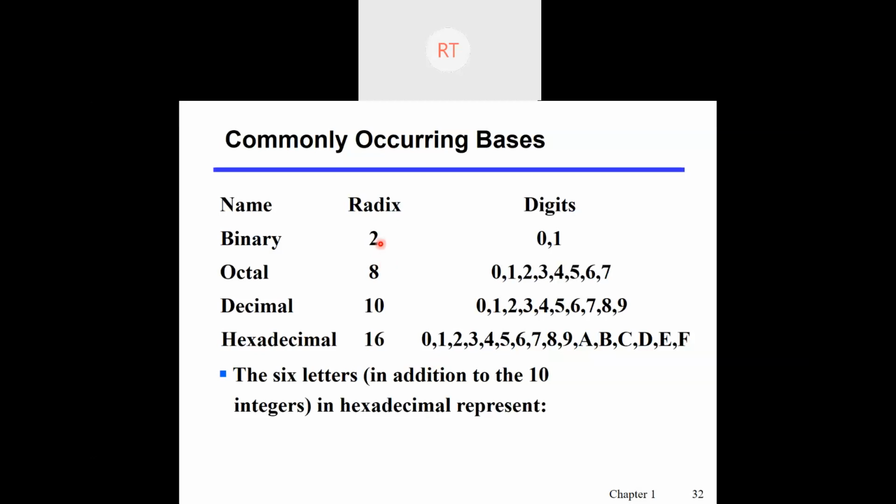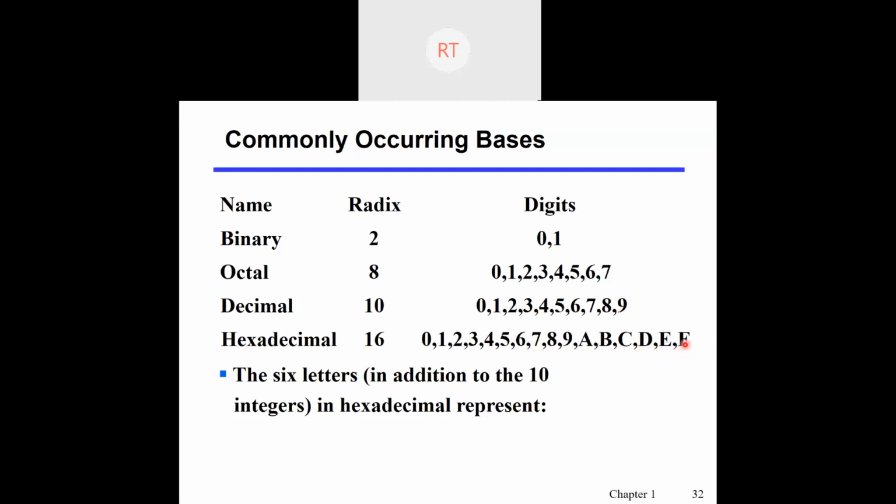In binary, the digits you can use are 0 and 1. In octal, the digits are from 0 till 7. In decimal, base 10, from 0 to 9. And in hexadecimal, from 0 to 15, because it is from 0 to 9, and then 10, 11, 12, 13, 14, and 15.